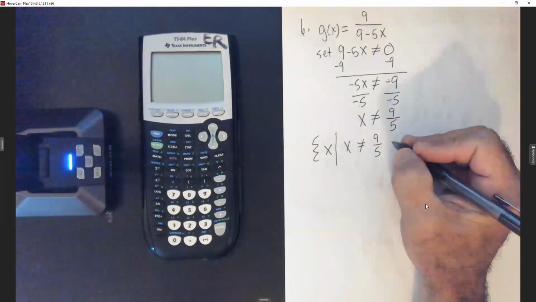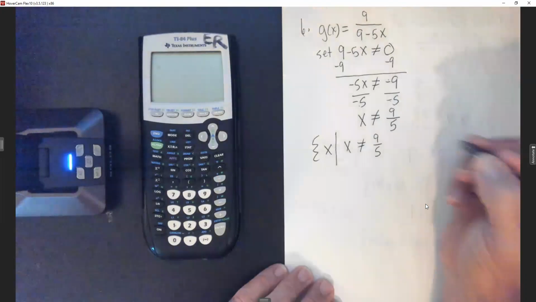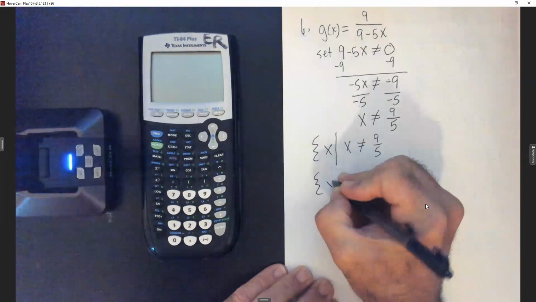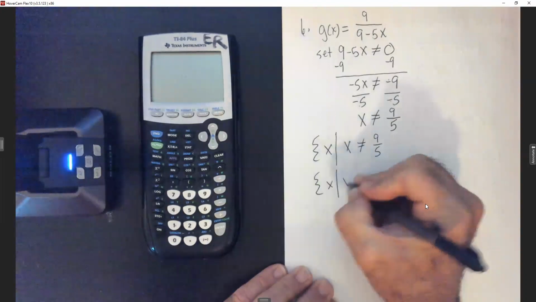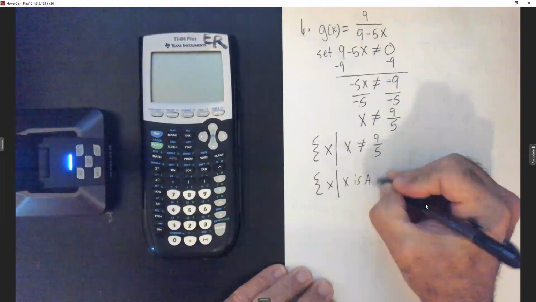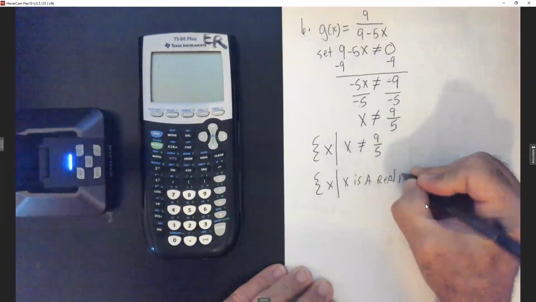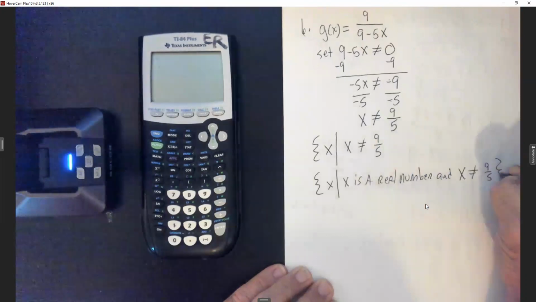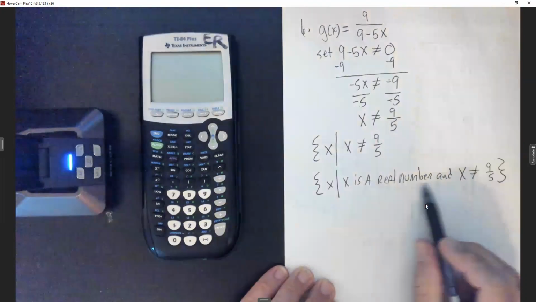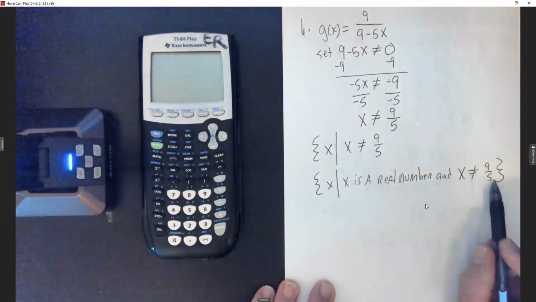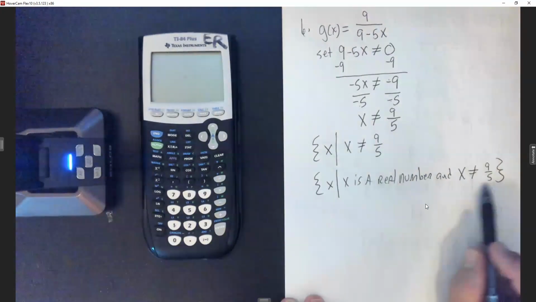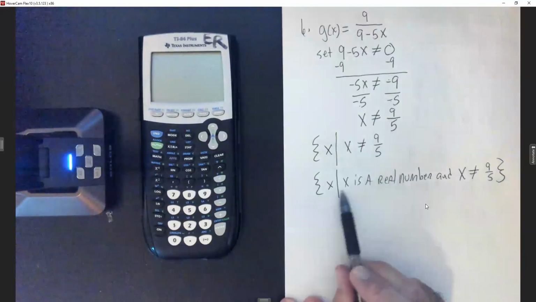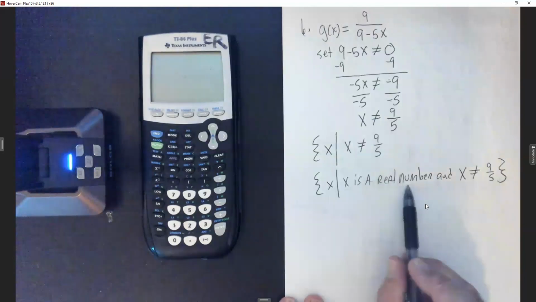And I think actually what they say in MyMathLab, they do x such that x is a real number and x cannot equal 9/5. I think they put this in front of all of them, but what we're looking for mainly is what's happening at the end on these, okay? So we knew x cannot equal 9/5, but in MyMathLab, I think they always put this real number part in front of them all, okay?